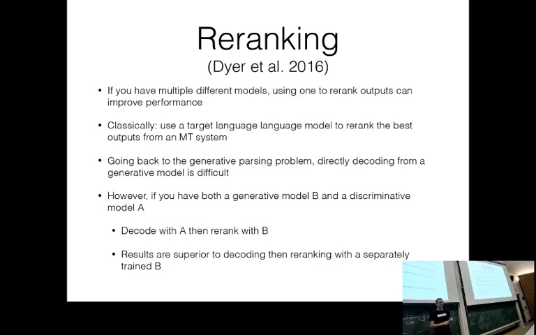So what the model tended to do was make an open and make as many possible closes as possible. What they did instead was train a separate generative model and a separate discriminative model. Then they parsed with the discriminative model, re-ranked with the generative model, and they got good results.